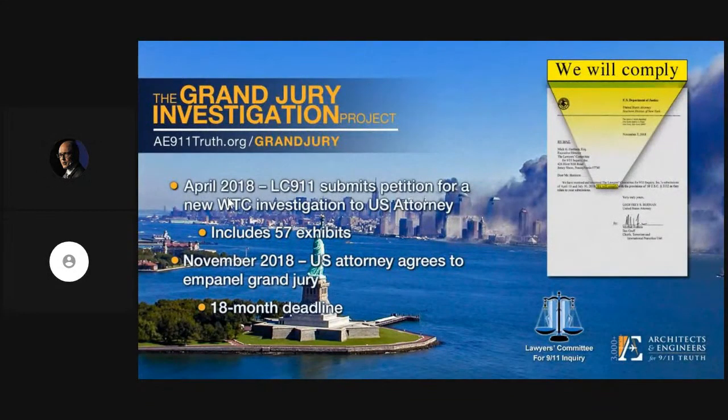That's right. And that's another reason, by the way, because of your support, that we were able to submit 60 points of evidence that you've been looking at in this 3-part series to the U.S. Attorney in Manhattan, who's agreed to comply with the law requiring him to submit it to a special grand jury. And we have now sued him to prove that he's doing just that. And we're waiting for results to come this month or next month.